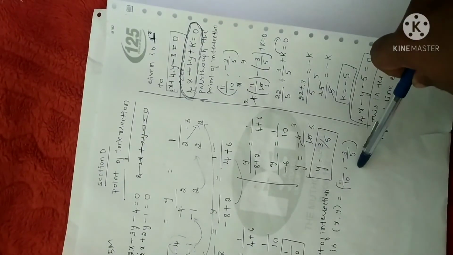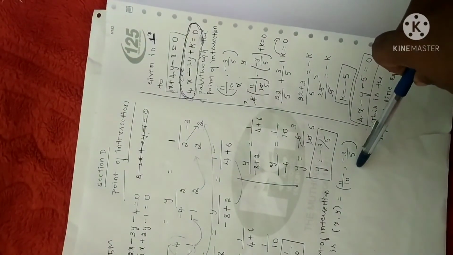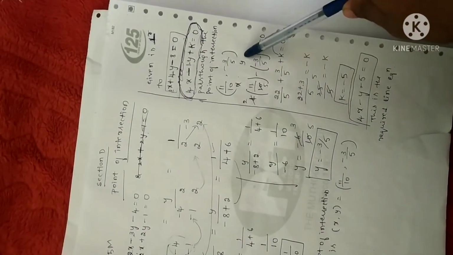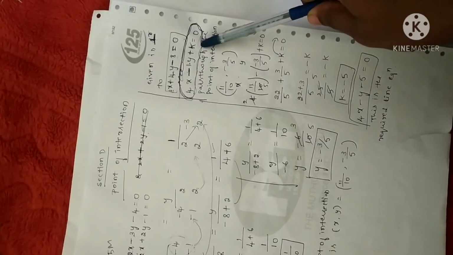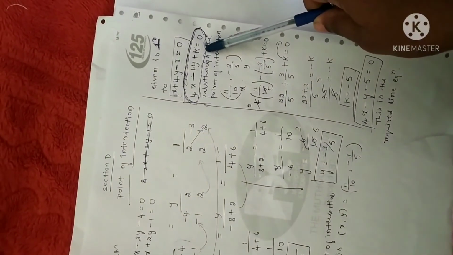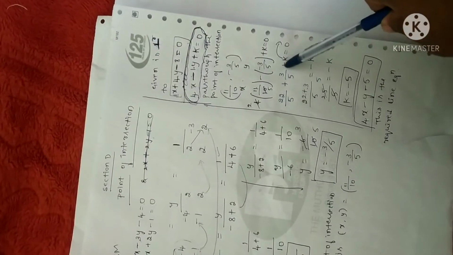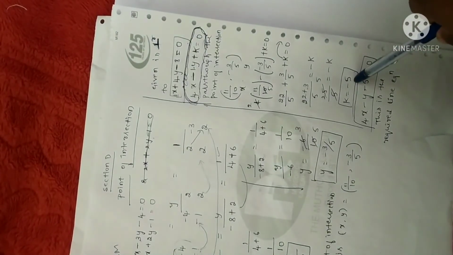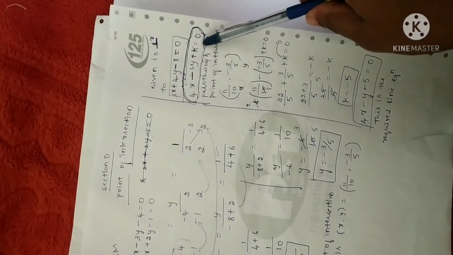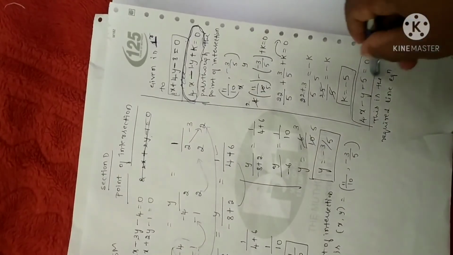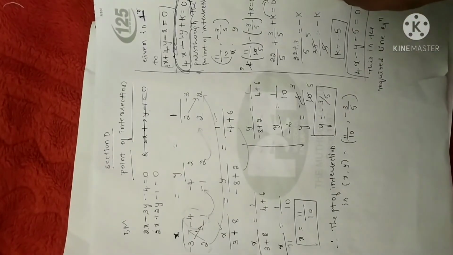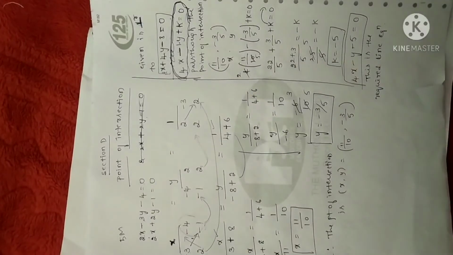Now take the point of intersection that you have already obtained. Take first value as x, second value as y and substitute in the assumed equation. After simplification you are going to get the k value. And replace the k value in the assumed equation. That will give you the required line equation. Fine. Hope it is clear for you.